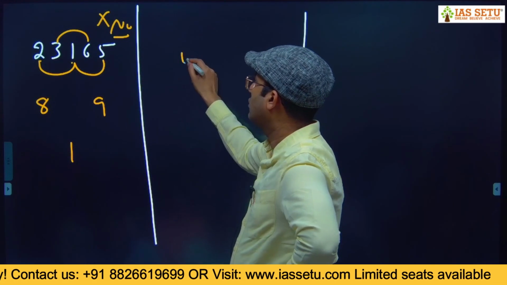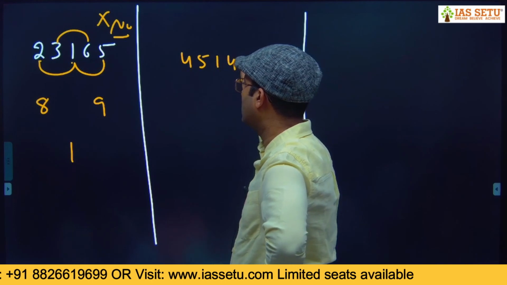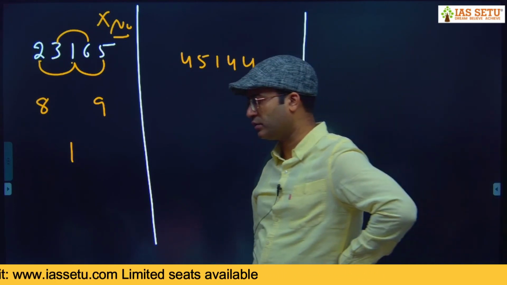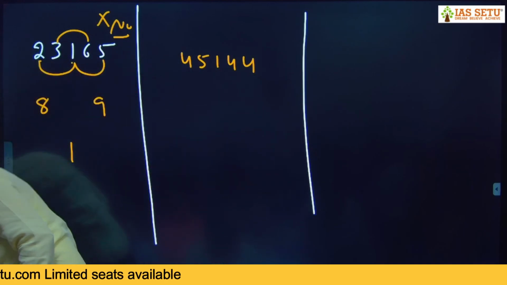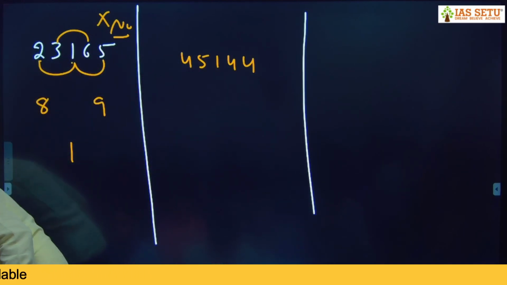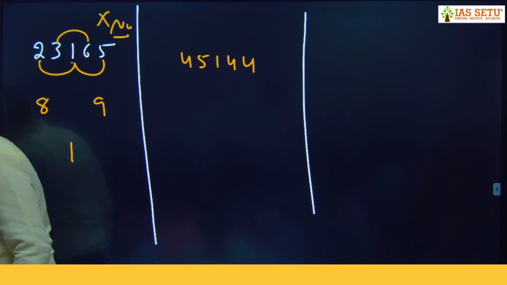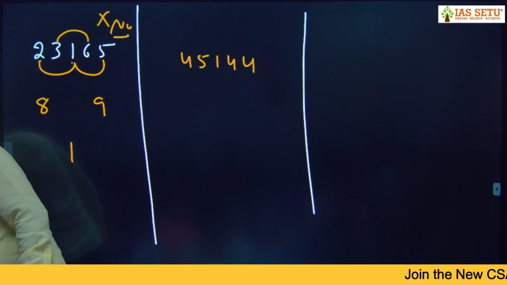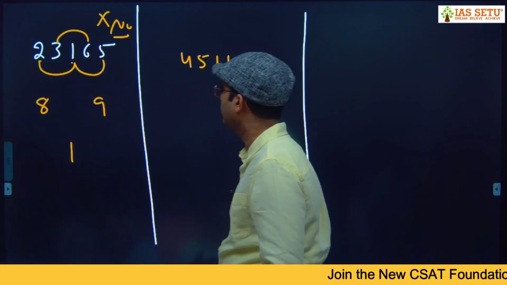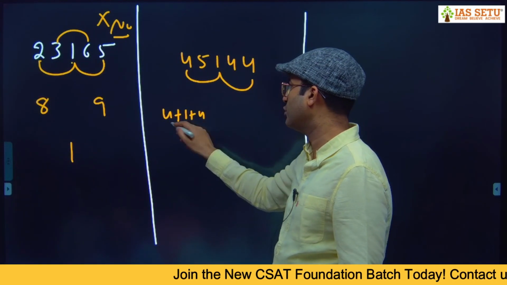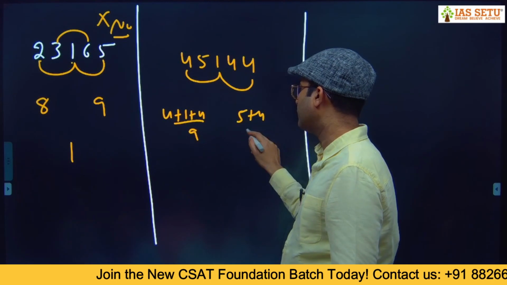Next, 45,144. Check if this number is divisible by 11, yes or no. Yes. 4, 1, 4. 4 plus 1 plus 4, you get 9. 5 plus 4, 9.